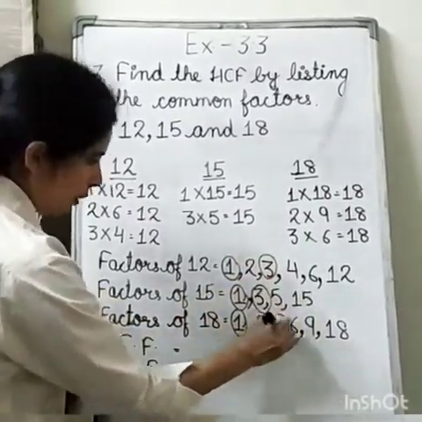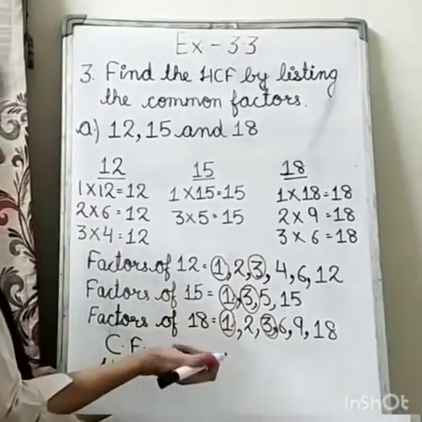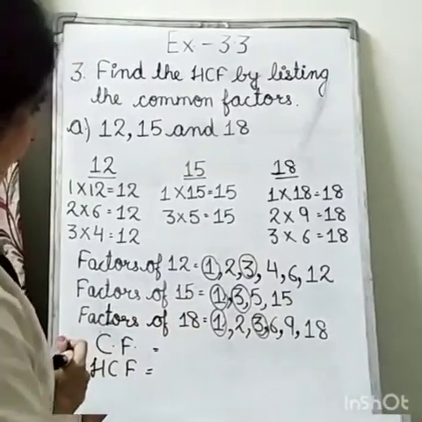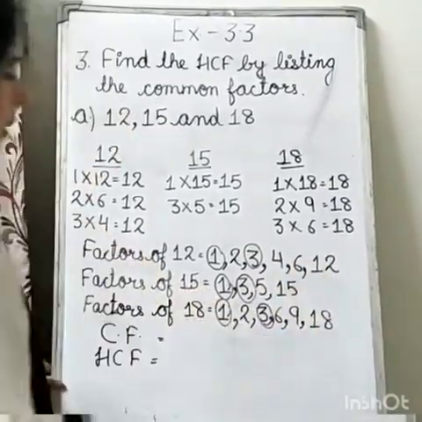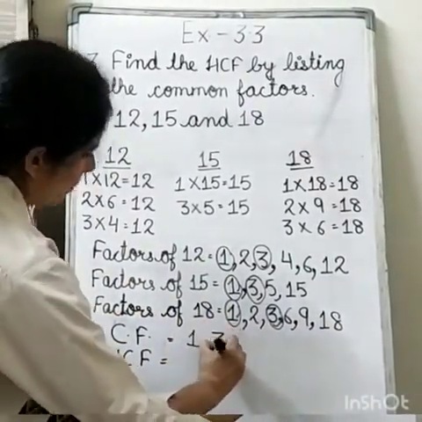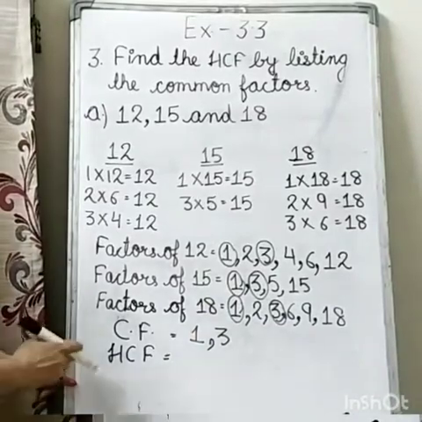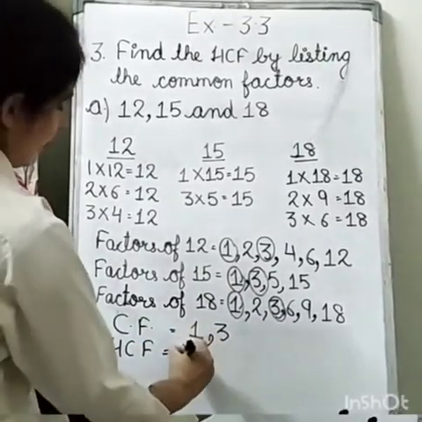That is the factor of all these three numbers. So 3 is the common factor. Next, 4 is not common, 6, 12. Only 1 and 3. There are only two common factors. And the HCF, highest common factor is 3.